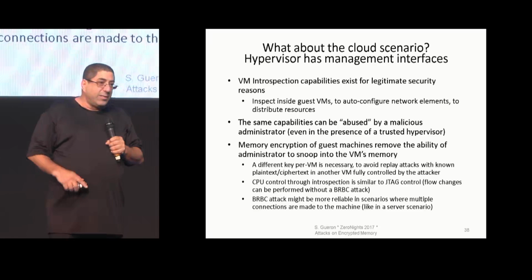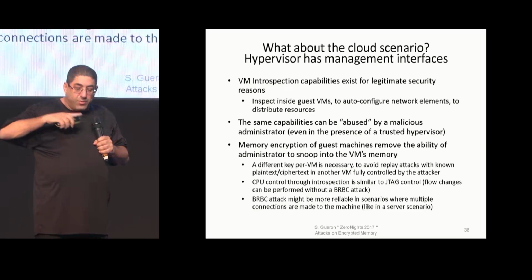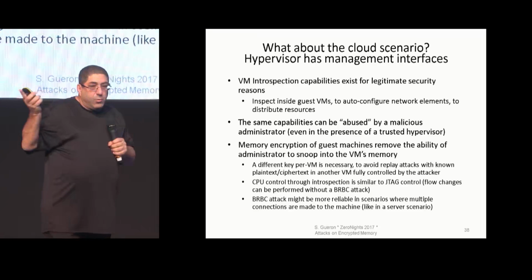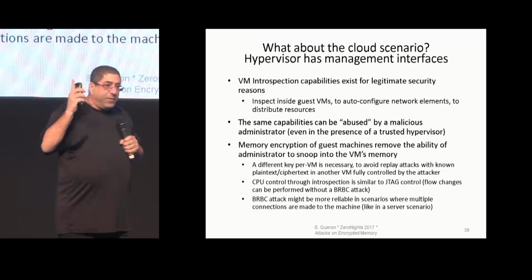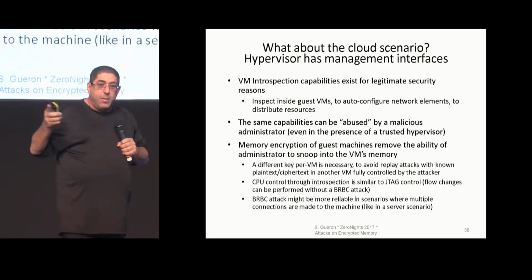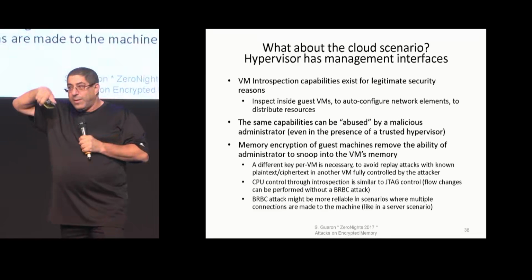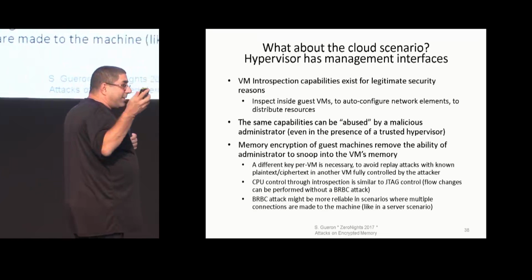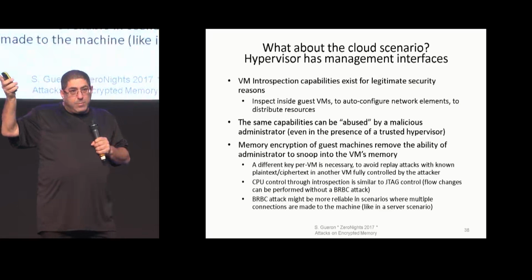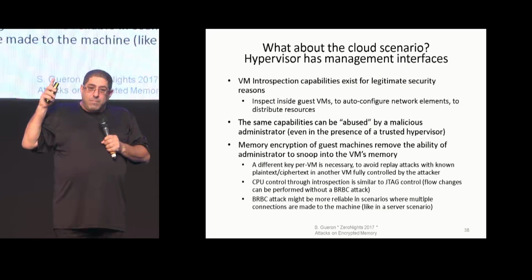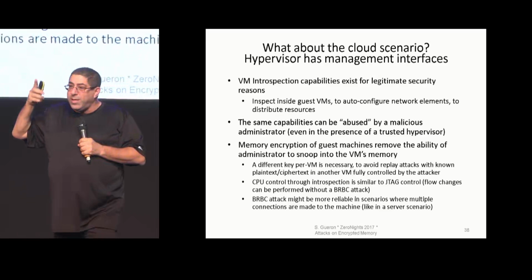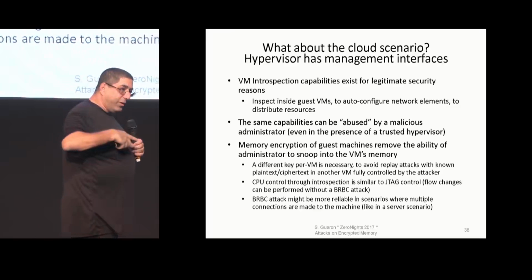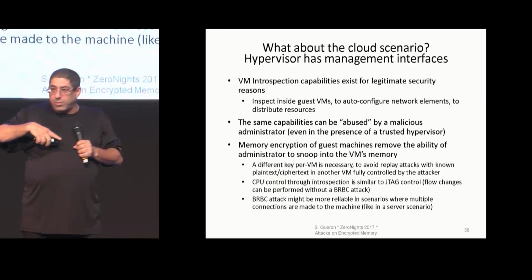Today, the hypervisor can just go to the memory of any VM and suck in whatever is there, can read all the secrets. Now, if the memory is encrypted, and each VM, including the hypervisor itself, has a different key, then the hypervisor can still access the memory, but now some plaintext that was encrypted with the key of the guest VM is going to be decrypted with a different key of the hypervisor.